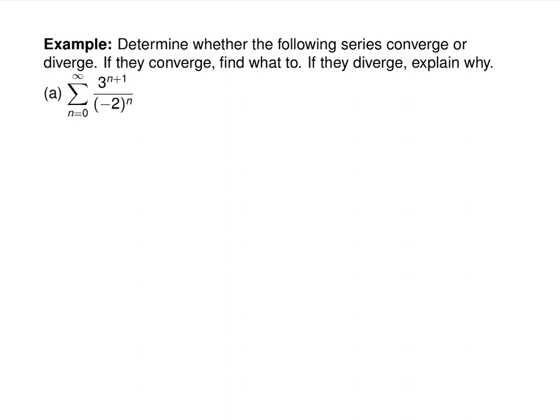This will involve some pre-processing before we're able to figure out if this converges or diverges. So first of all, it begins at 0, so no re-indexing necessary. Let's write this as 3 times 3 to the n over negative 2 to the n, which is the same thing as the sum from n equals 0 to infinity 3 times negative 3 halves to the n.